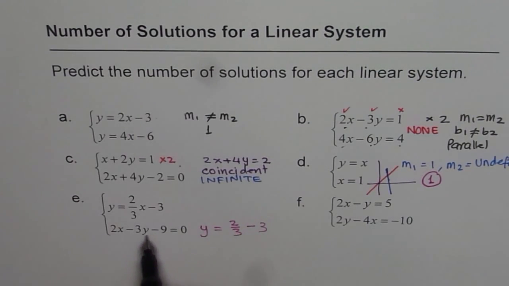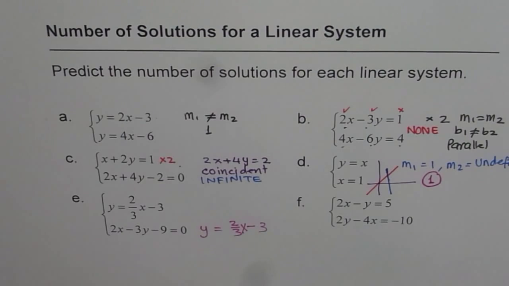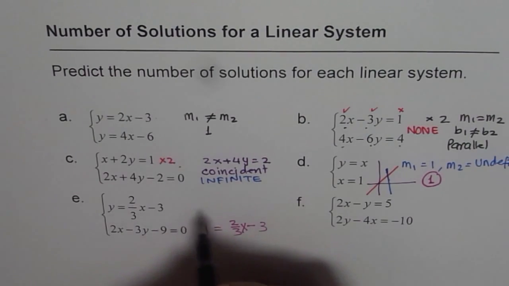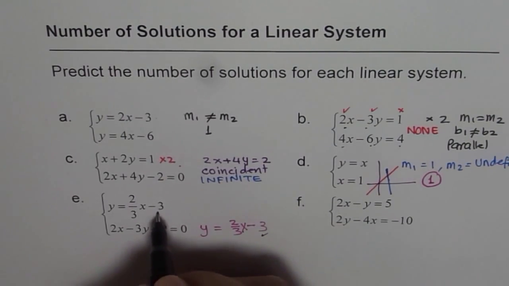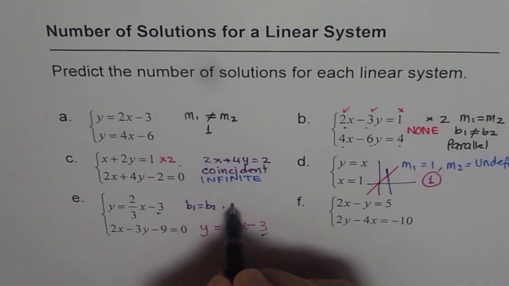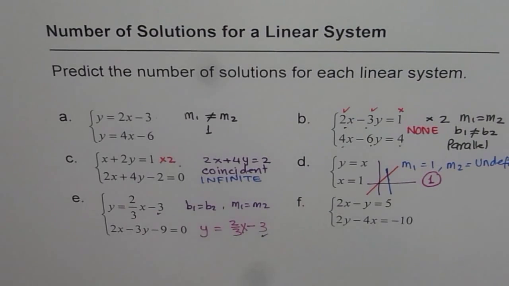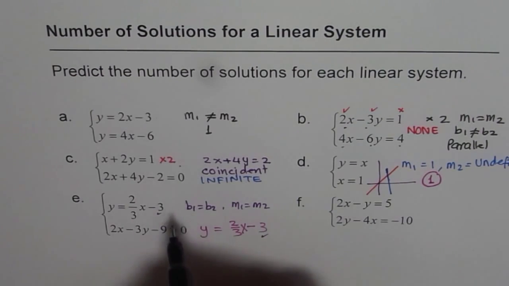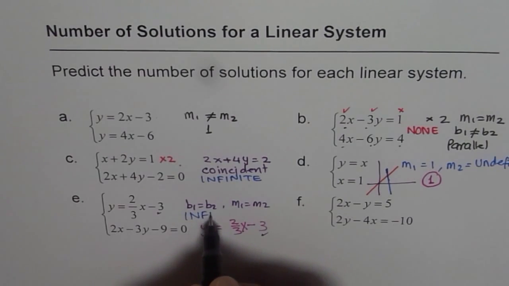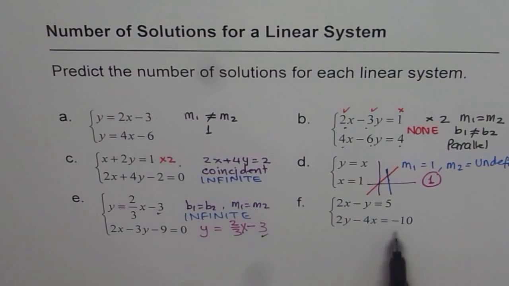It is exactly the same equation. Now the slope is the same, so what we have seen is they are the same lines. The y-intercept is also the same, so b1 equals b2, and we also have m1 equals m2, and so we again have infinite solutions, right?